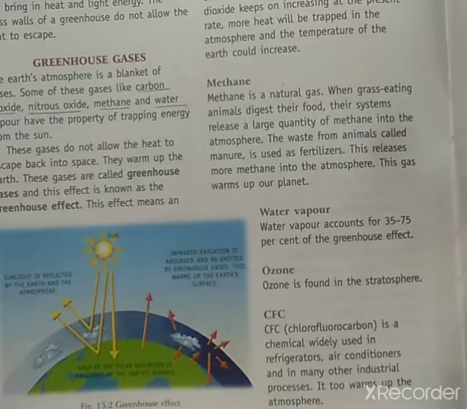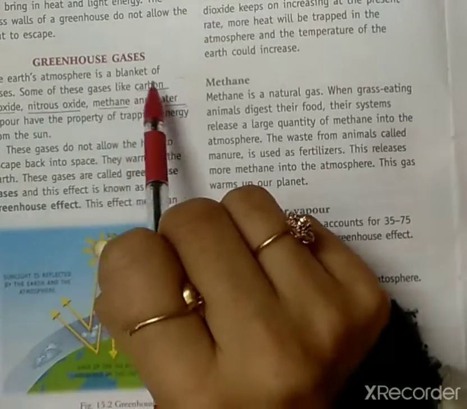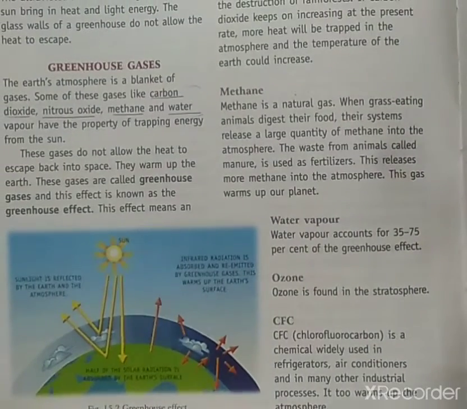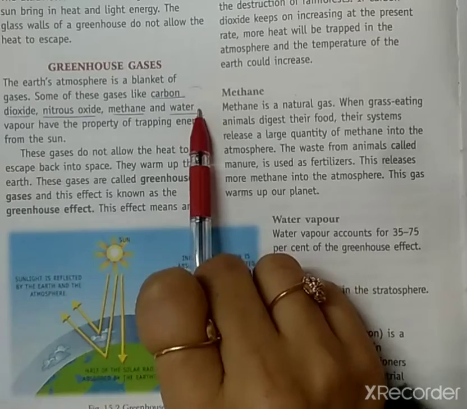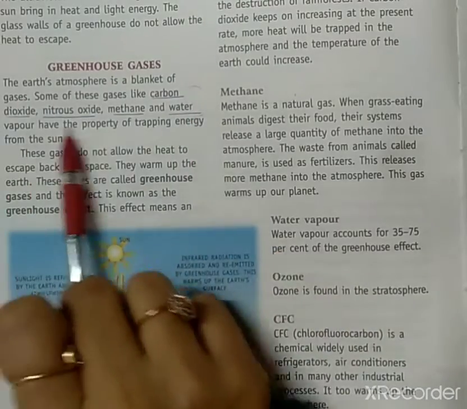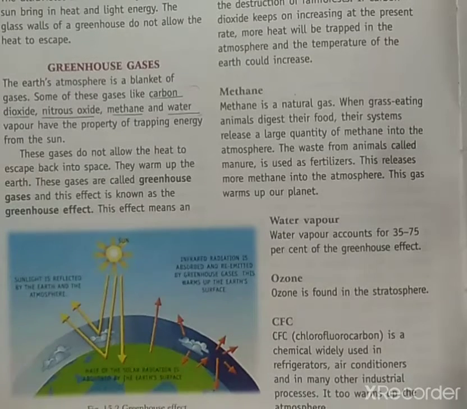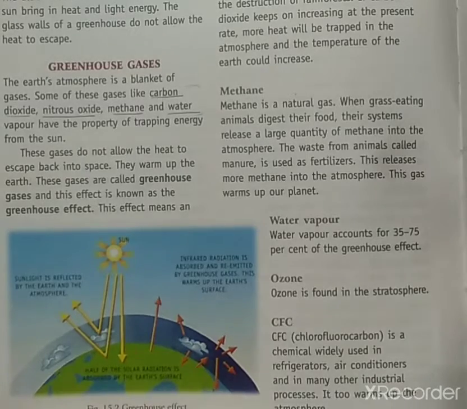Now we are going to know the names of these specific gases. The first one is carbon dioxide, the second is nitrous oxide, the third is methane, and the fourth is water vapor. These are the greenhouse gases. Let us suppose a question comes in your examination: name the greenhouse gases. What will you answer?